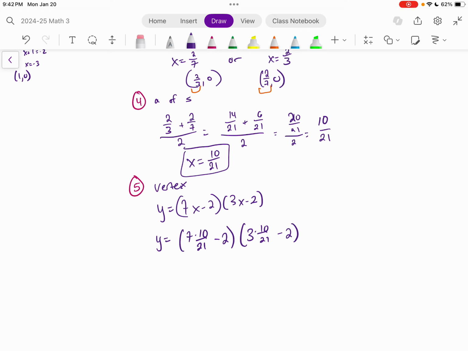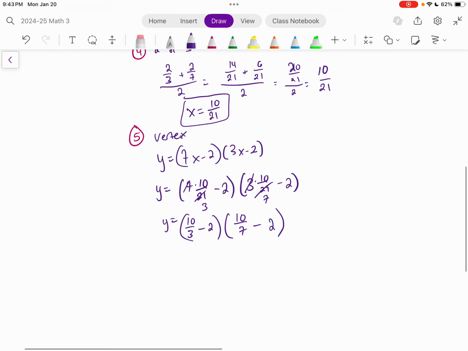So this thing is really 70 over, well, we can actually simplify that. What am I doing? This 7 over 21, right, becomes a 3. So I have 10/3 minus 2. And then this becomes 10/7 minus 2, right, because this 3 and this 21 become a 7 down here. I want to clean up my friends here.